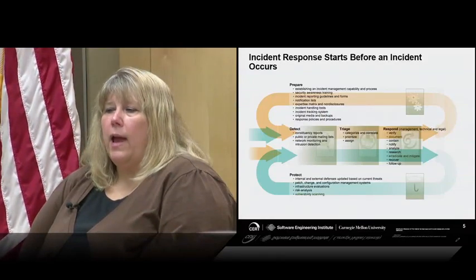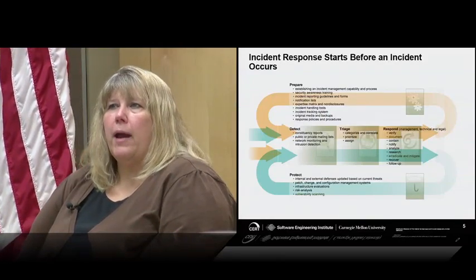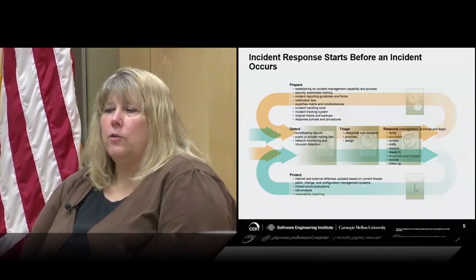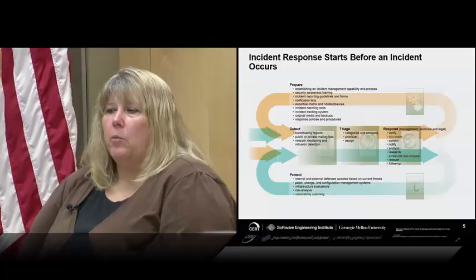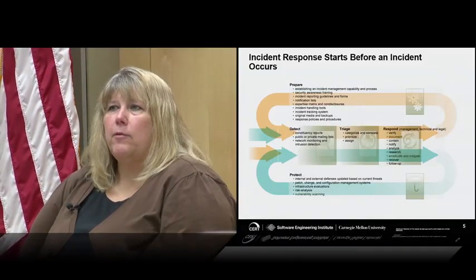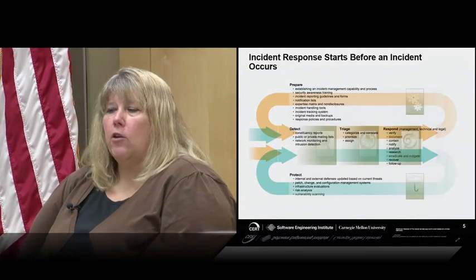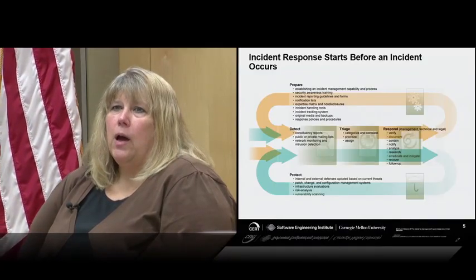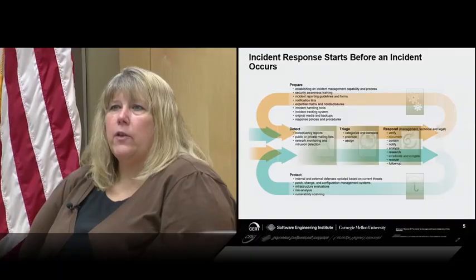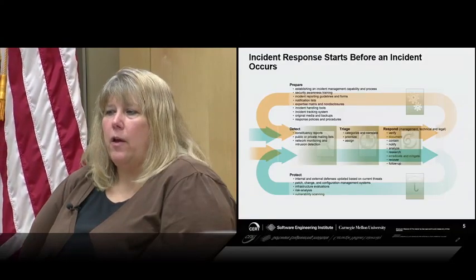And so when we look at the prepare side of incident response, we have to think about: do I have a plan in place? Has that plan been vetted? Do I have buy-in across the enterprise? Am I teaching people about threats and risks and how to protect themselves?